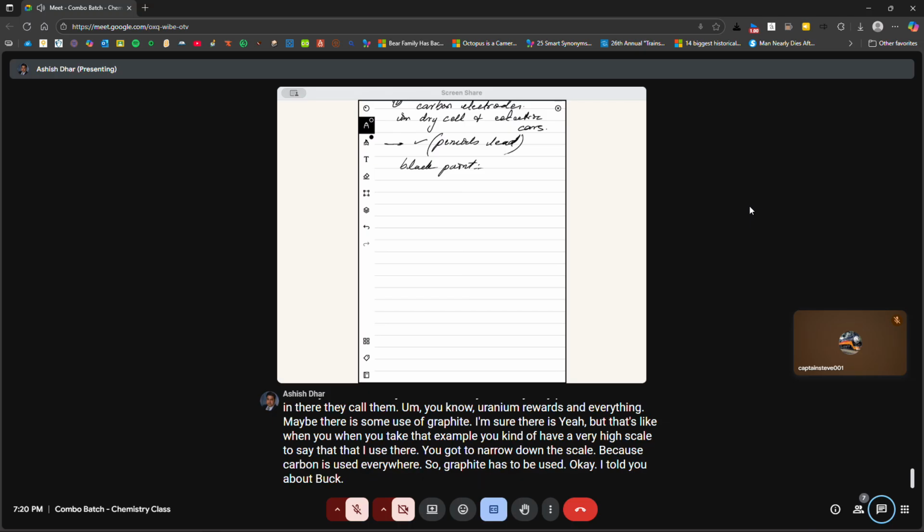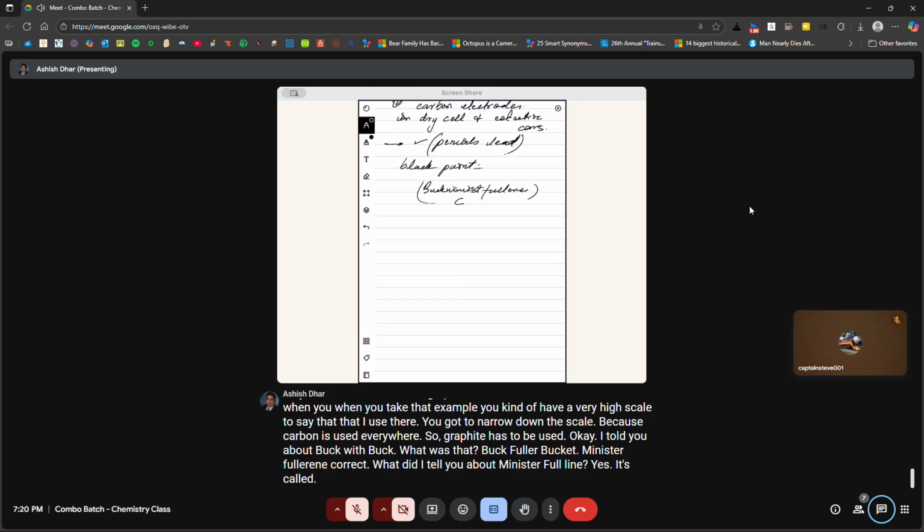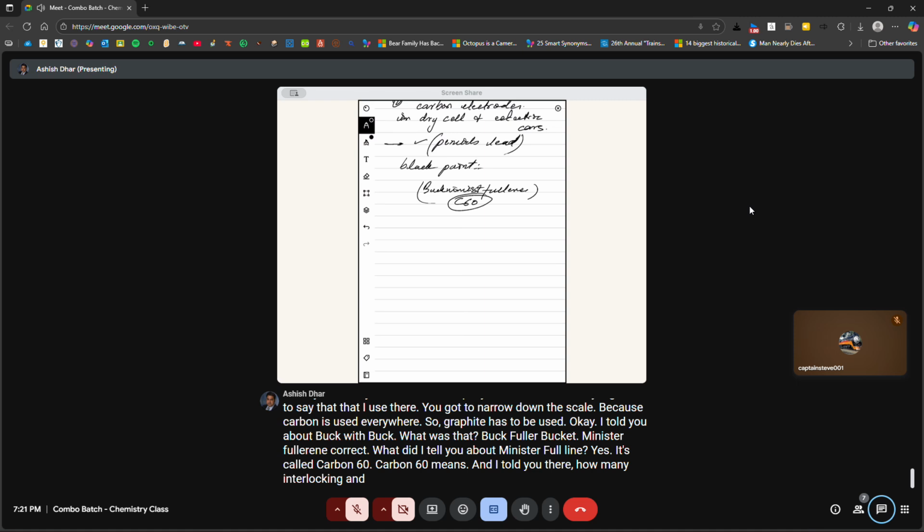I told you about Buckminster Fullerene. Correct. It's called carbon 60. Carbon 60 means, and I told you how many interlocking hexagonal and pentagon shapes are in it.